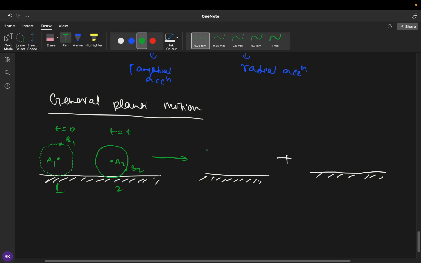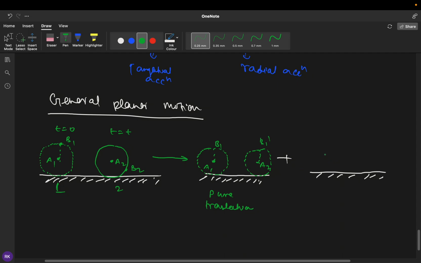The first motion was pure translation, and that translation is this: point a1 has moved to point a2, and again it is a pure translation, which means the orientation of this line will remain the same, because it is a pure translation.